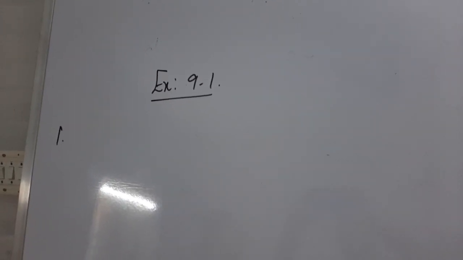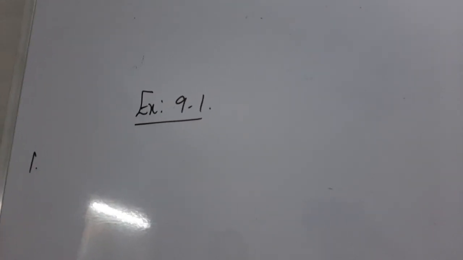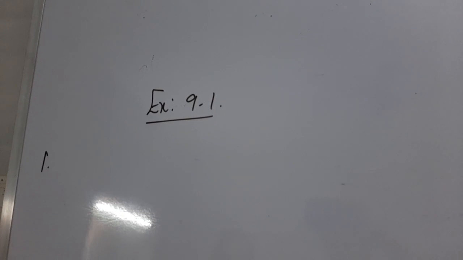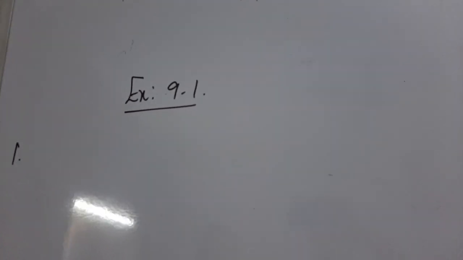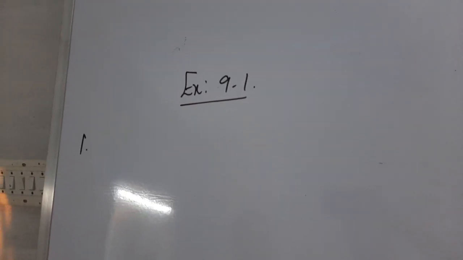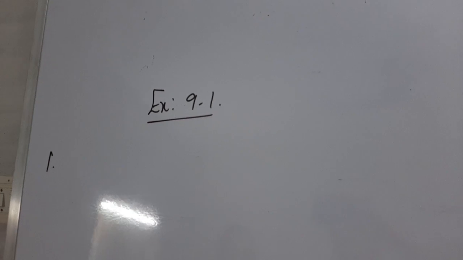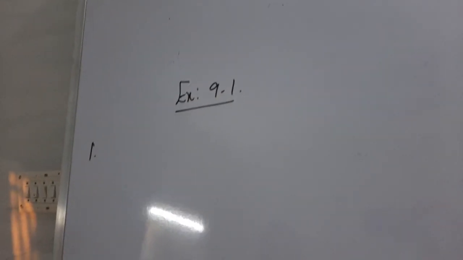Now take your content book, page number 203, exercise 9.1, question number 1. What is given in that question? A circus artist is climbing a 20-meter long rope which is tightly stretched and tied from the top of a vertical pole to the ground. So there is a vertical pole standing on the ground.